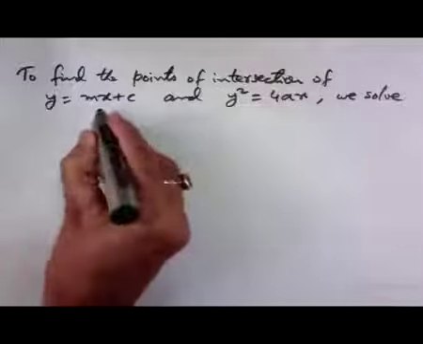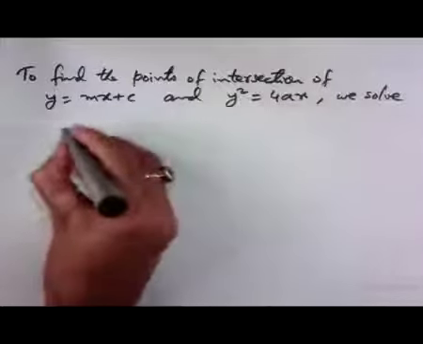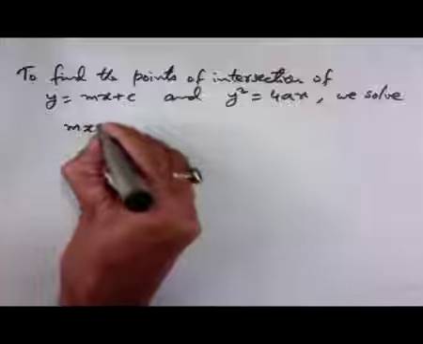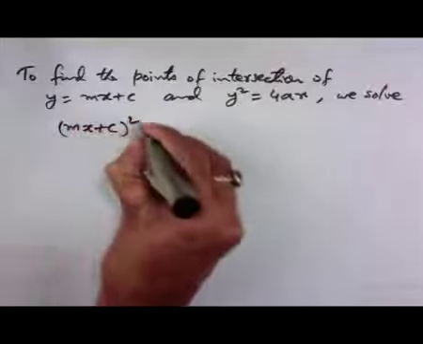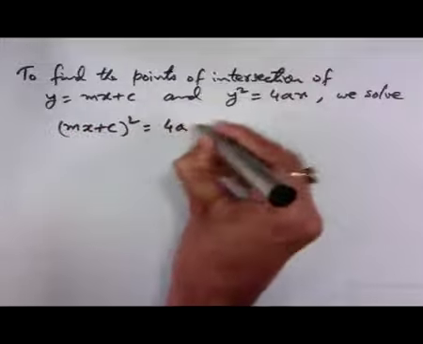We put y equal to m x plus c in the equation of the parabola, then we get m x plus c squared equal to 4 a x.